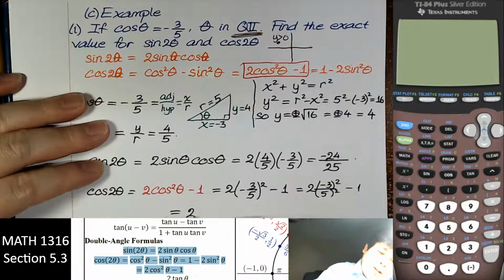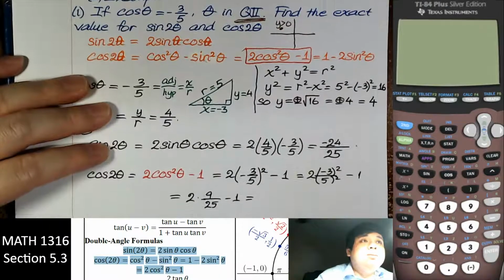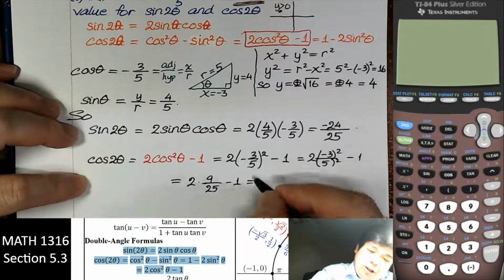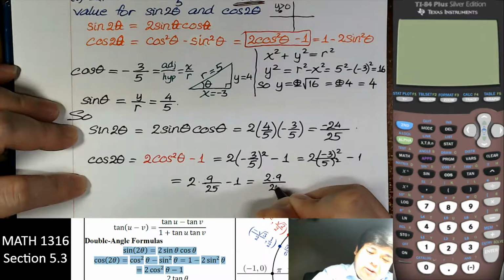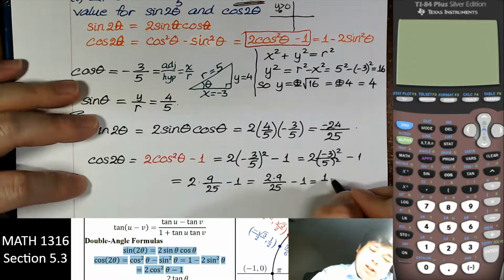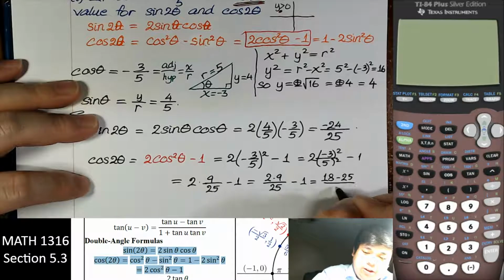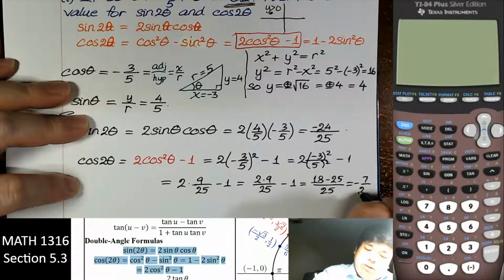So 2 times 9 over 25, sorry, minus 1. So 18, common denominator of 25, we have negative 7 over 25.